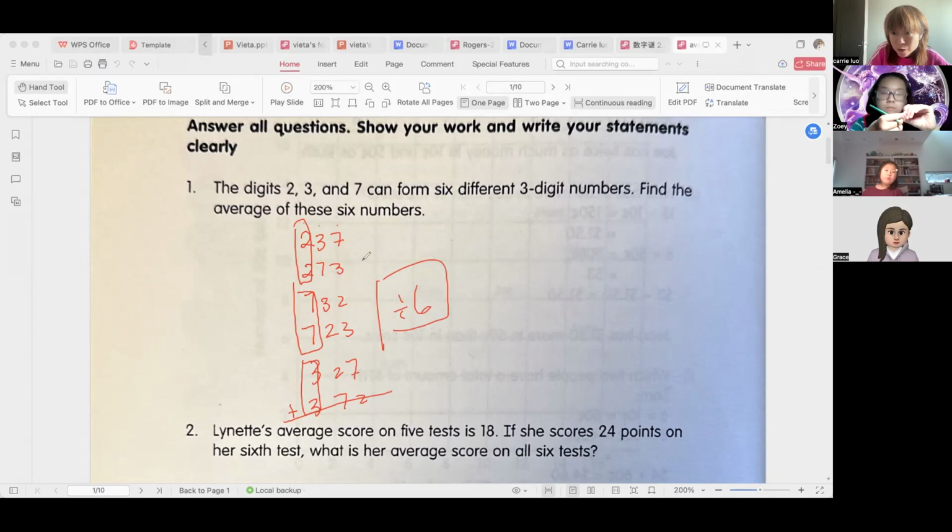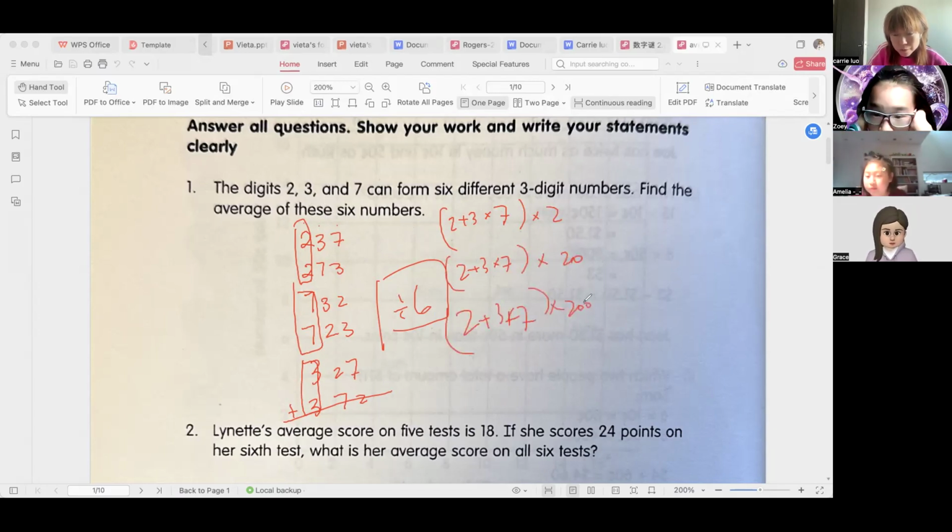Correct, Amelia? So all we need to do is 2 plus 3 plus 7 times 2, and 2 plus 3 plus 7 times 20, and 2 plus 3 plus 7 times 200.